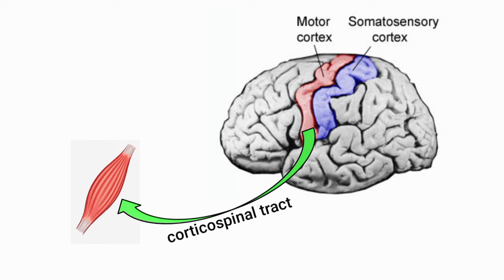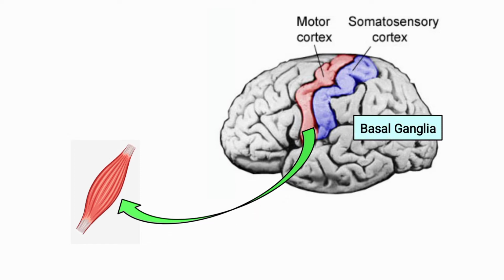In order to have this motor plan go forward, we need to have a connection with the basal ganglia. These cerebral cortex areas have to communicate their motor plan with the basal ganglia. The basal ganglia will take that motor plan and make a well coordinated plan and send it back to the cerebral cortex.